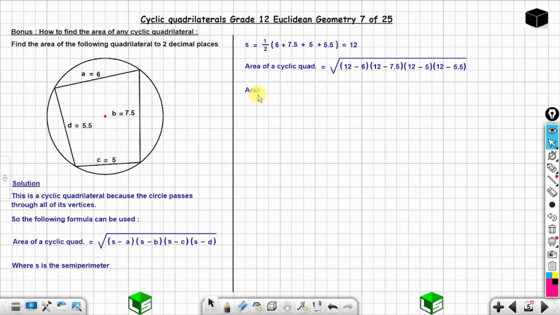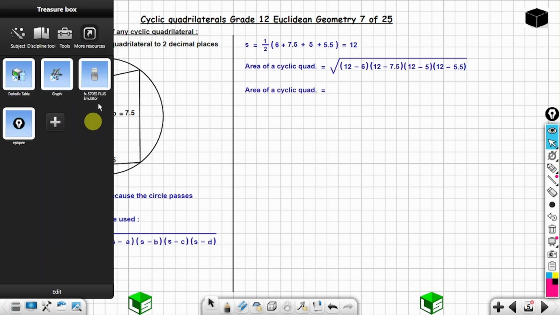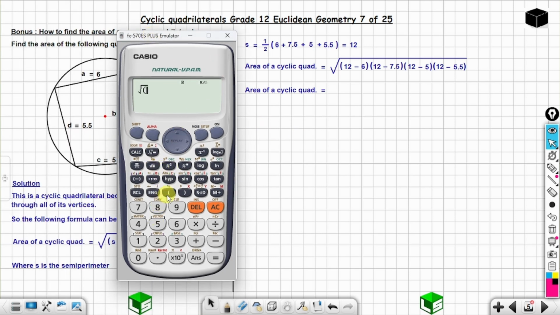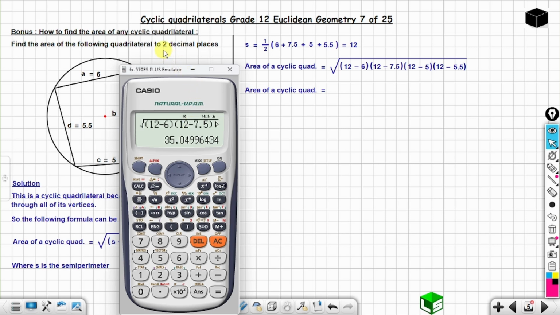So the area is equal to, use your calculator, 35.05 to 2 decimal places. 35.05 square units, because this is the area.